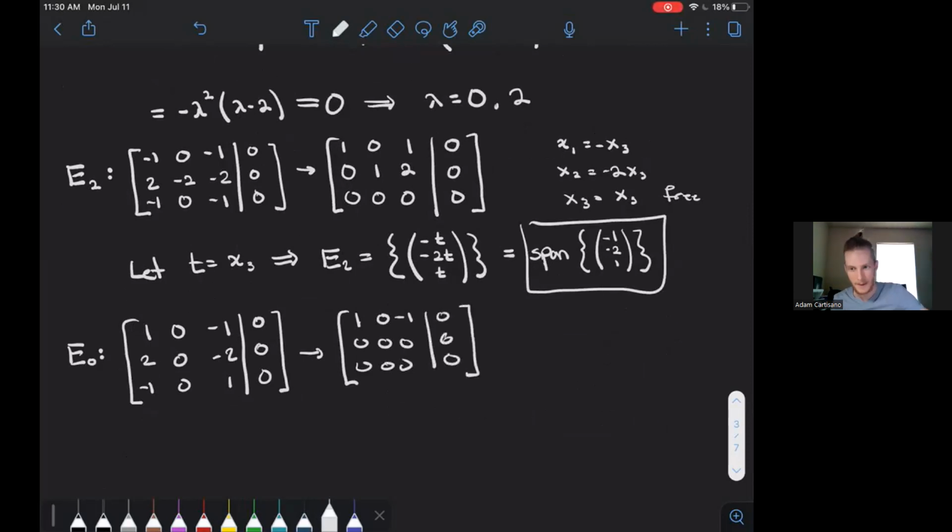Excellent. What do we do with this system? Okay. x1 minus x3 equals 0, so x1 equals x3. But then we have 2 rows of zeros, which means that x2 and x3 are both free. So x2 equals x2 is free, and x3 equals x3 is also free.